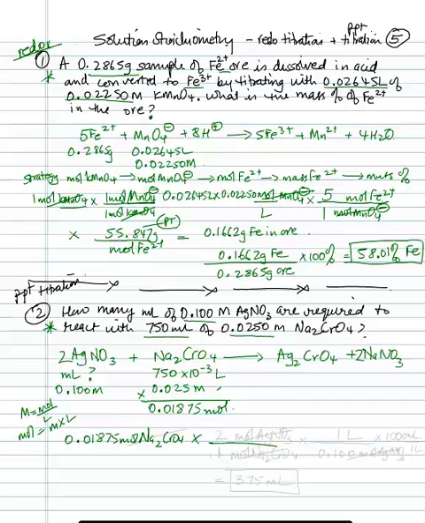Now we do the mole ratio, because now we have moles of sodium chromate and moles of silver nitrate. For every 2 moles of silver nitrate, we have 1 mole of sodium chromate. Once you have the moles of silver nitrate, we just need to divide that by the molarity, because in 1 liter there are 0.100 moles of silver nitrate.